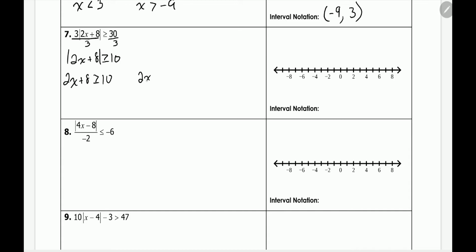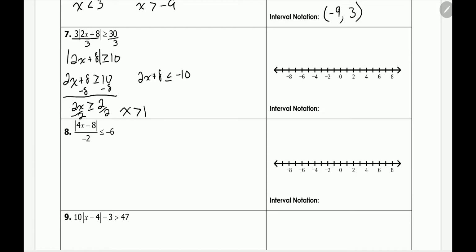Then we have 2x plus 8, we change the symbol, we change the sign. Now we solve. So solving the first one, we subtract 8 from both sides. That leaves us with 2x is greater than or equal to 2. Divide by 2. That leaves us with x is greater than or equal to 1.